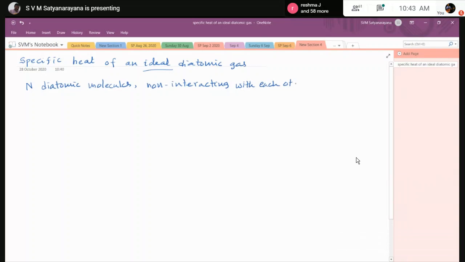That is, one diatomic molecule will not interact with other molecules. So that means you have some kind of a picture like this. Let's say you have one molecule here. So like this, you have a gas of this diatomic molecule, and they don't interact with each other.